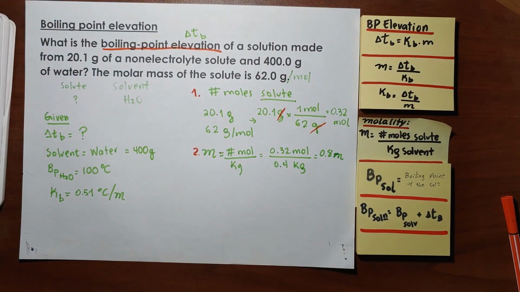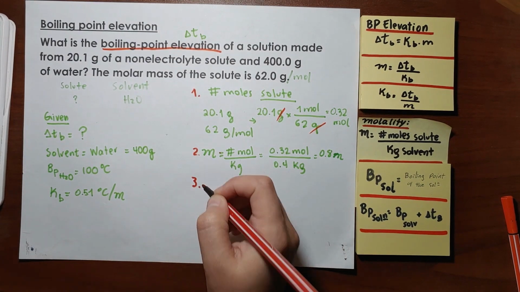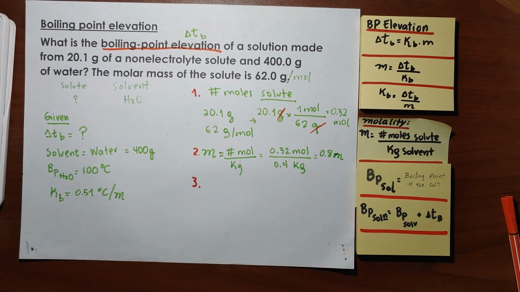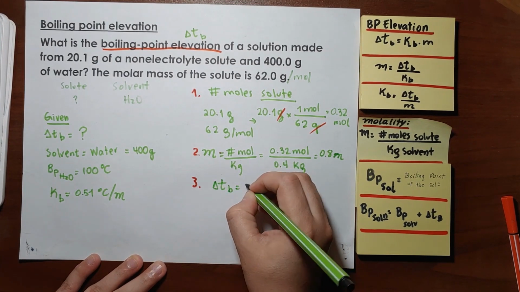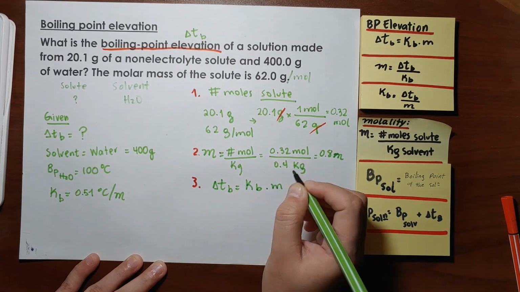Now I have my molality, or molar concentration. I have Kb, the constant of boiling point elevation. So now it is our turn to get what is requested, the boiling point elevation. This is going to be our third step. Boiling point elevation is Kb times molar concentration.